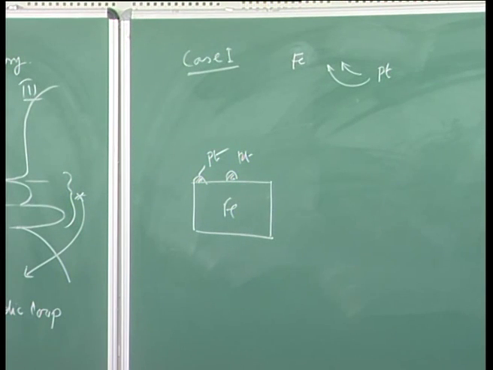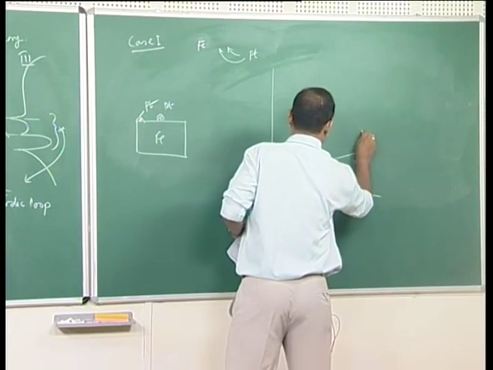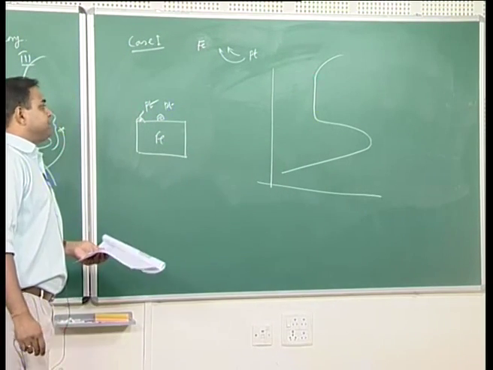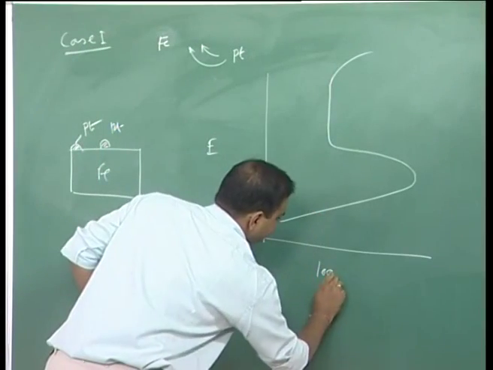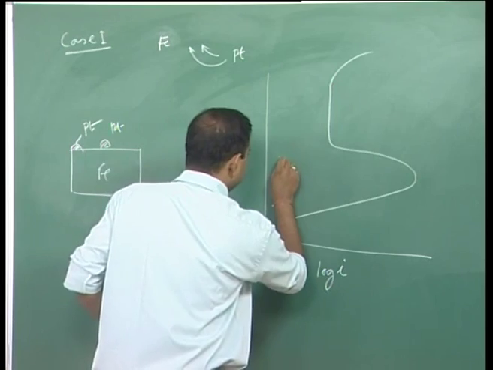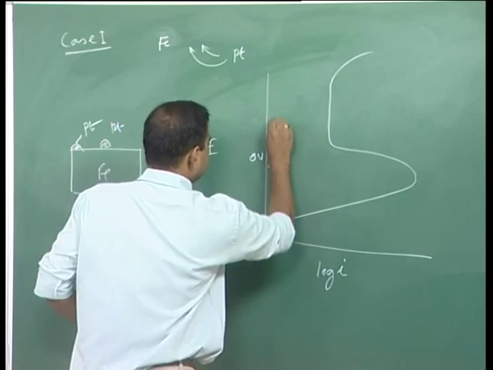Again, in the case of iron you also have this kind of situation, it is also an active passive metal. This is E, this is log I. But in that case, initially the hydrogen evolution reaction is taking place on iron over the entire alloy. So, in that case my hydrogen evolution reaction, this is 0 volt and the I0 position is here.